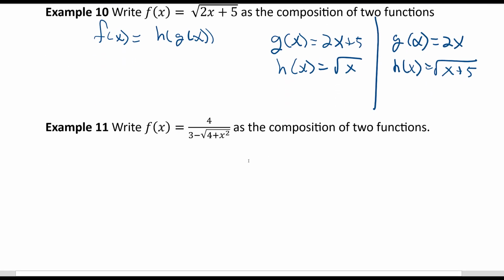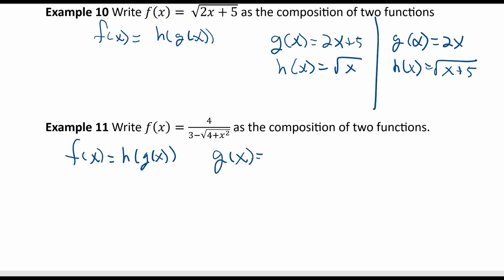And let's try this last one here. Write f of x equals 4 over 3 minus the square root of 4 plus x squared. Again, you have a couple of choices. I'm going to go off the premise that f of x equals h of g of x. So one option is to say g of x equals 4 plus x squared, which would mean that h of x would have to be 4 over 3 minus the square root of x.